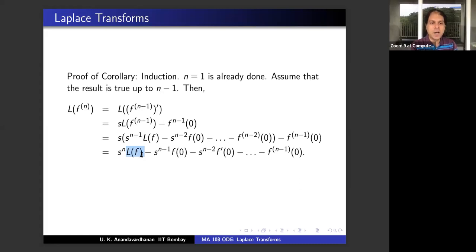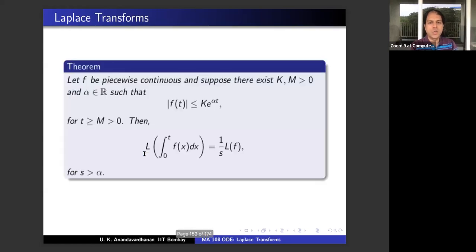Because f is the unknown, y is the solution. By converting the IVP into a polynomial equation and solving for that, you will get L of f. And once you get L of f, how will you get f? By taking the inverse Laplace transform. So that's how we are going to solve IVPs.